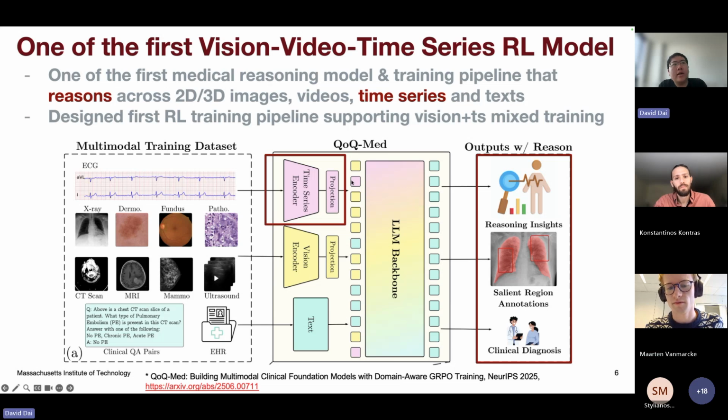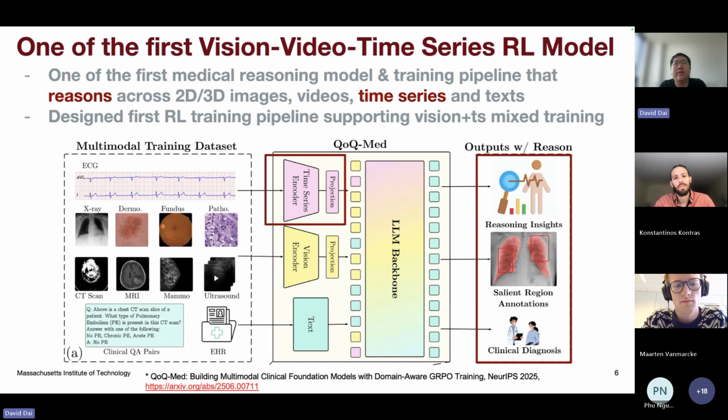Yes, the embeddings here are concatenated together. The nice thing about the large language model backbone is that it accepts a variable length of inputs. So you can have any length of input, and it can understand and reason about it, no matter how long the inputs are.